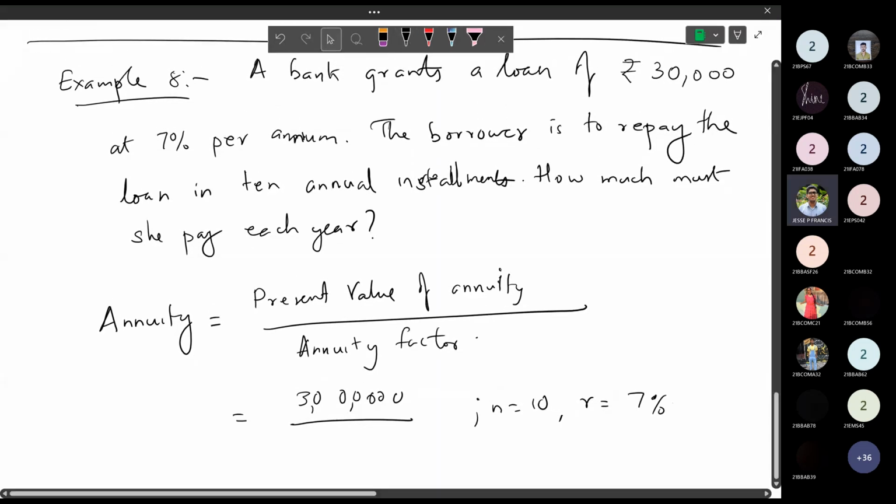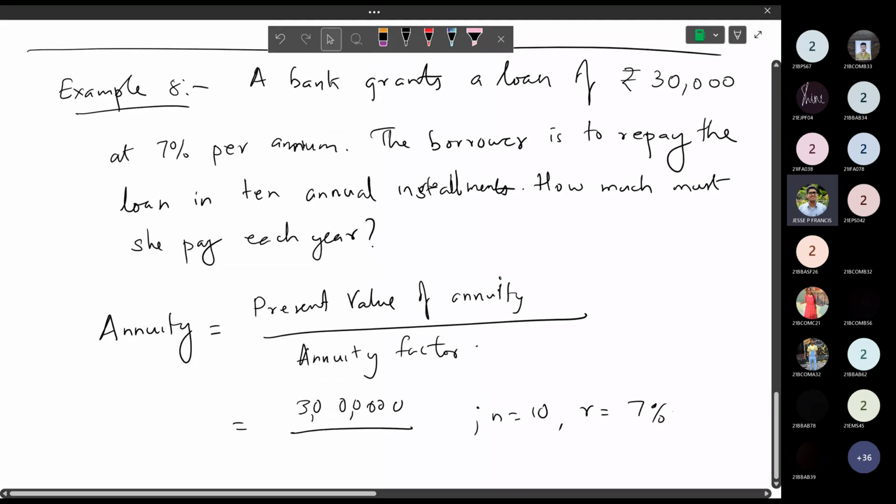Yes. So if you calculate the annuity factor, what's the annuity factor you get?